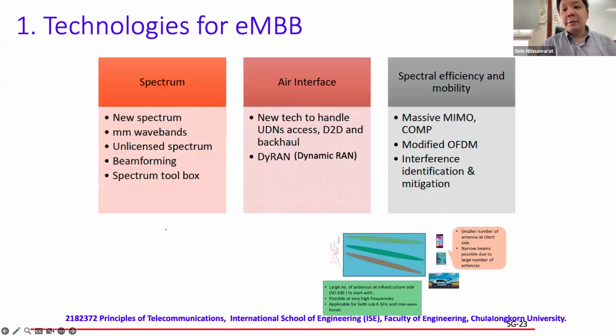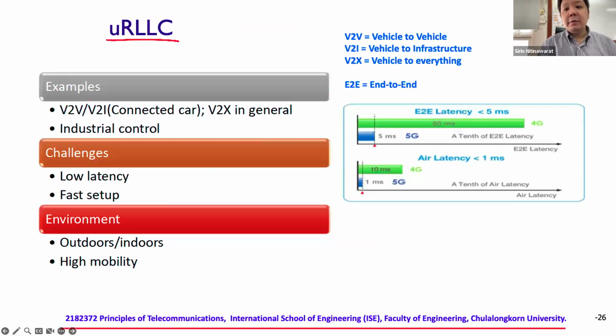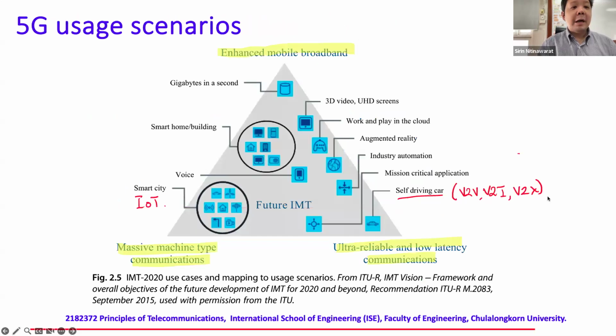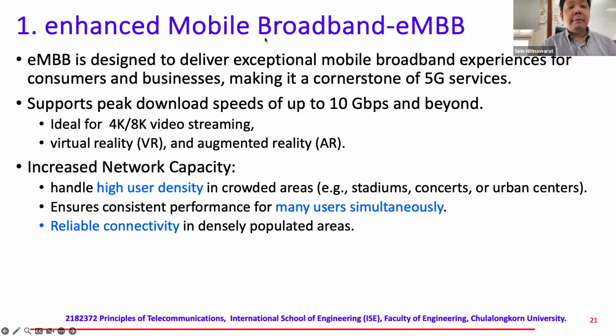Let's go over each of these in a little more detail. So the first one, one should think of it as being a maximal 4G speed on steroids. Here, this service category is designed to deliver exceptional mobile broadband experiences for the users. This is a major cornerstone of 5G services.